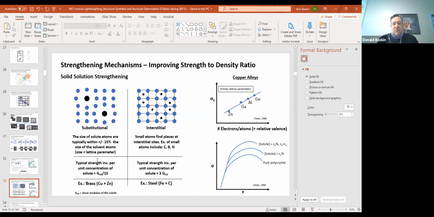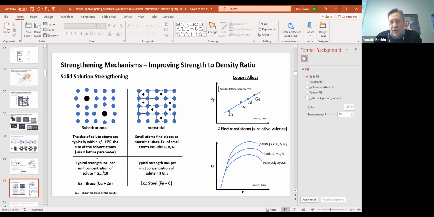And then there's an interstitial solid solution, where the solute atoms are so small that they take up places in between the atoms, in between the normal lattice sites. And you can typically get higher strength out of an interstitial solid solution than out of a substitutional one.